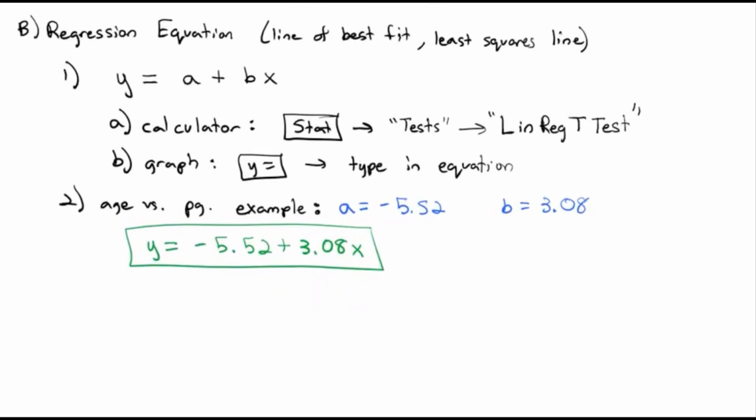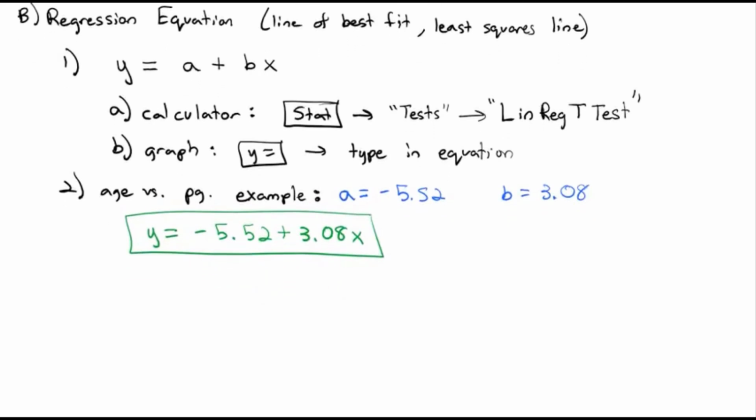The nice part about the line of best fit is I can use it to estimate values I don't have. Let's estimate the number of pages read by a 30-year-old.